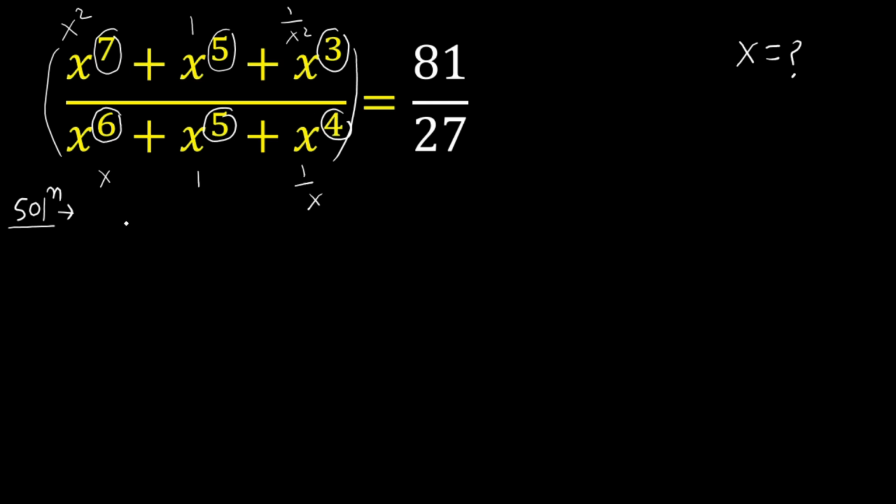And we know that if we substitute x plus 1 over x as some k, then x^2 plus 1 over x^2 is equal to that k squared minus 2.